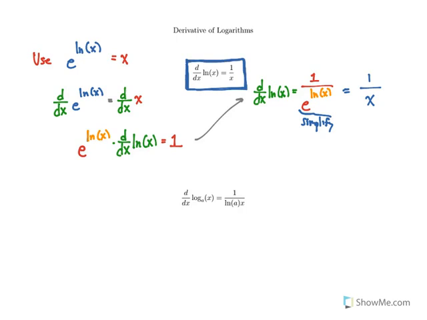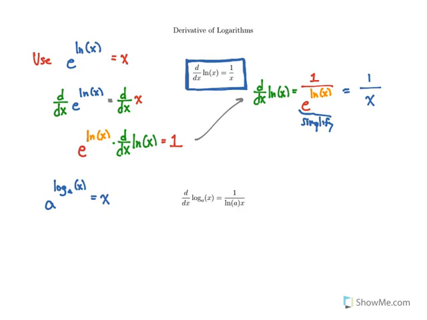We can do a very similar thing by finding the derivative of log base a, noting that a to the log base a of x is equal to x, as a to the x is the inverse of log base a.